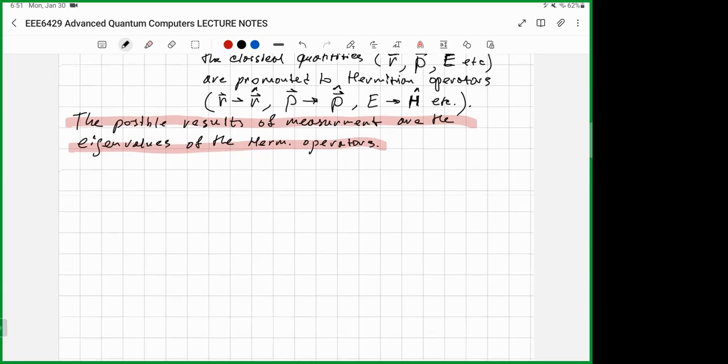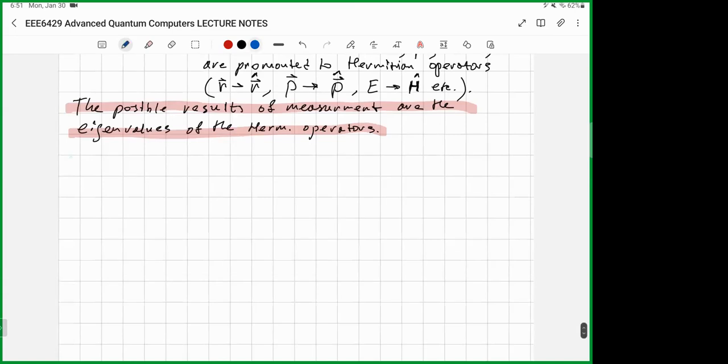So, for example, let's again consider this TLS example.